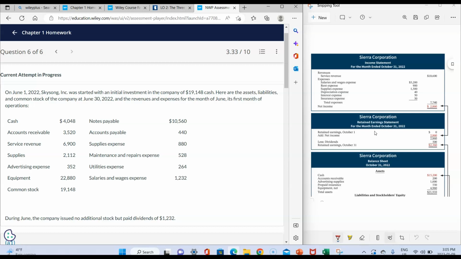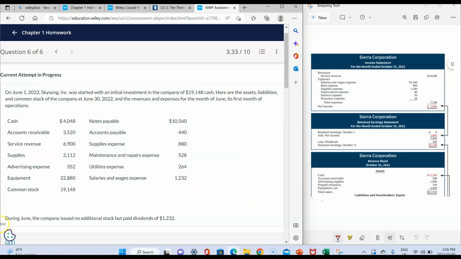Most of the time there will be a beginning retained earnings amount, and this was a brand new company in this example too. Again, it may be different. There may be a beginning retained earnings amount in your homework question. But for this particular example, there is none because we're just beginning the company starting in June.